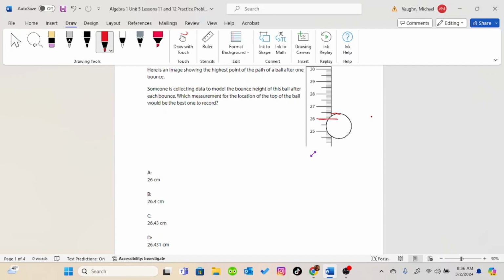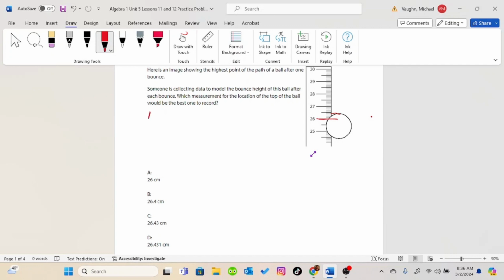If we look at choice C and D, this has an even more accurate measurement. But the ruler that is being used does not have more accurate markings.